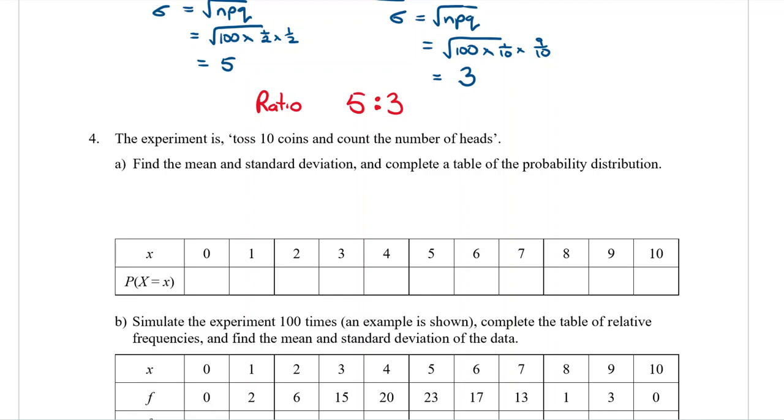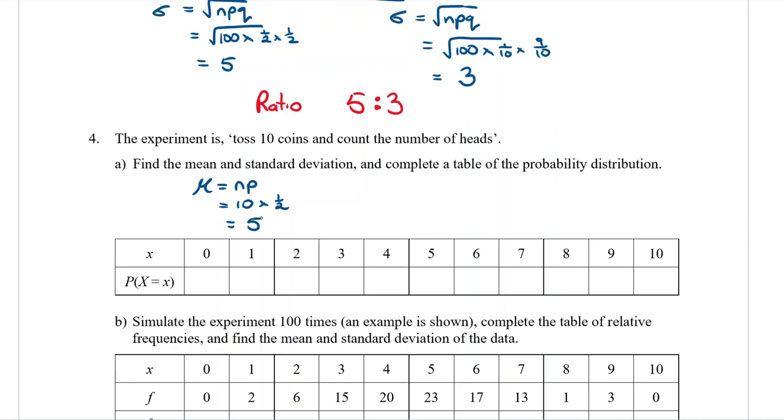All right, wait, slow down. First of all, mean is equal to NP. So our number of coins is 10, and the probability of getting a head or a tail, doesn't actually matter, is a half, which means our mean is 5.